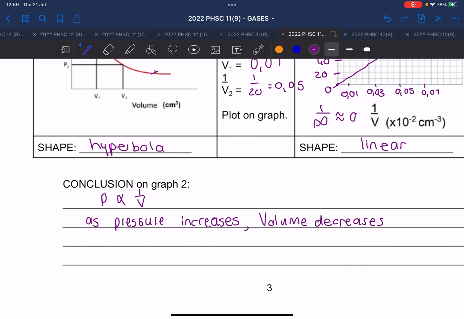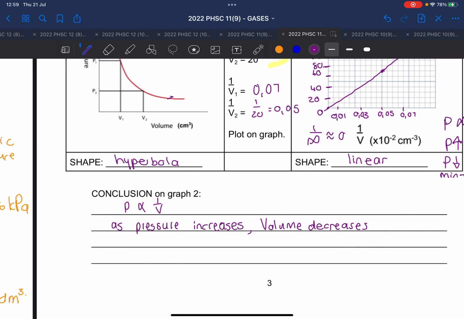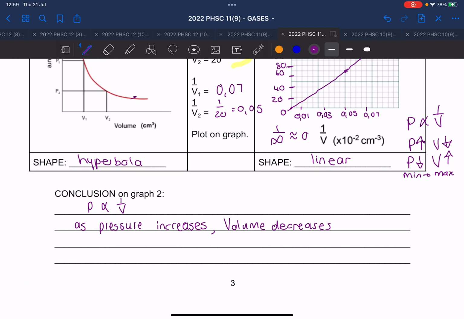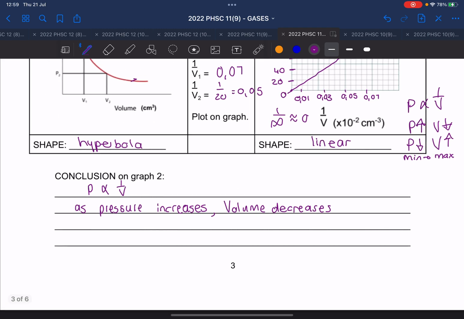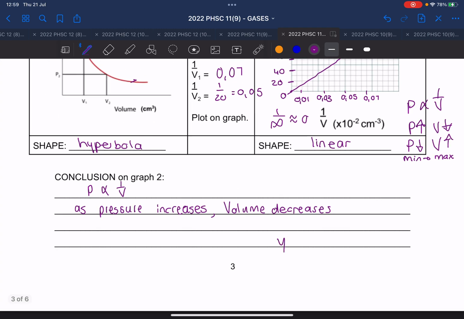Does that make sense? Do you guys want to know why we know this? Yes. Why does a straight line give us this conclusion? So, as we know, a straight line formula is y equals mx plus c.